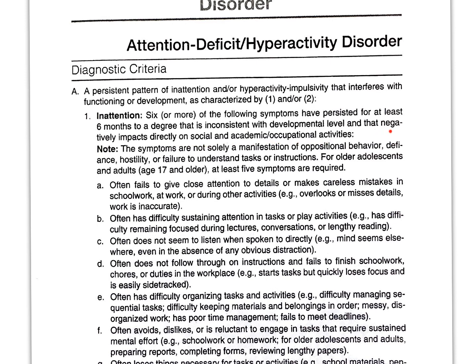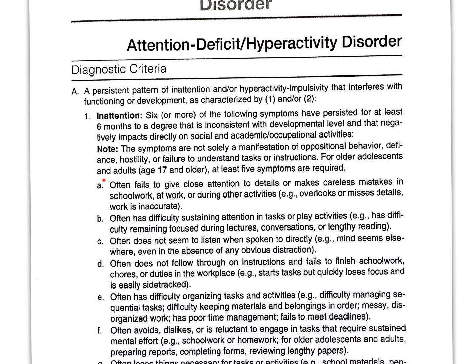So there's that disclaimer that I mentioned when reading the ADHD that people can have symptoms, but unless it negatively impacts their social and academic or occupational activities, there's no need to render a diagnosis. There is a note here that symptoms are not solely a manifestation of oppositional behavior, defiance, hostility, or a failure to understand tasks or instructions.